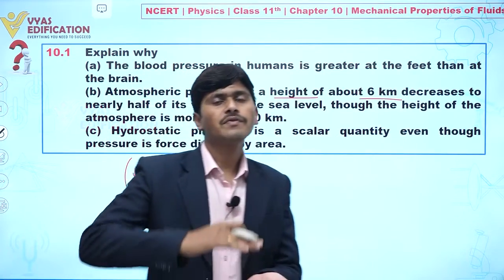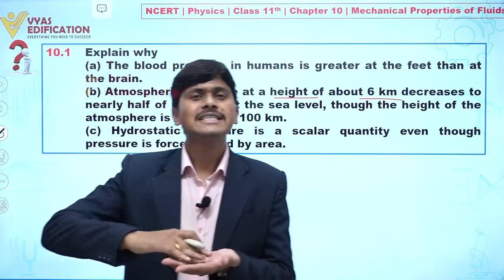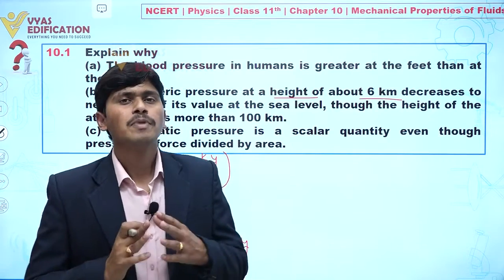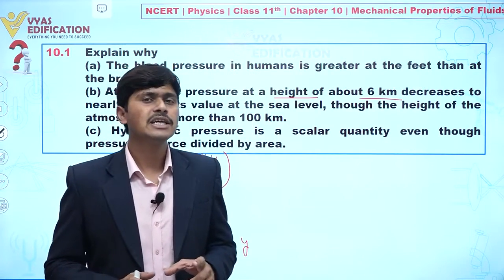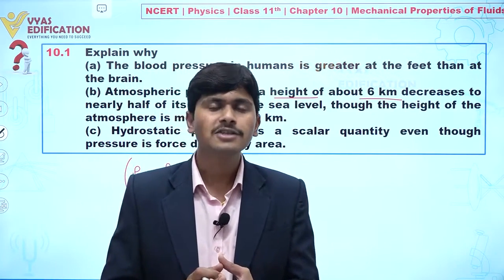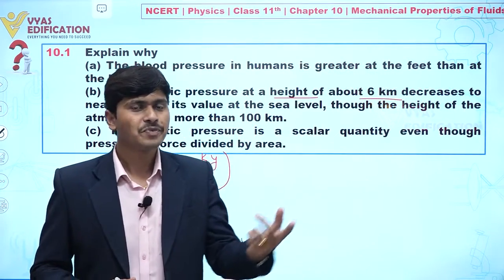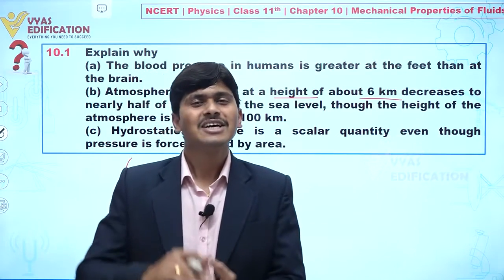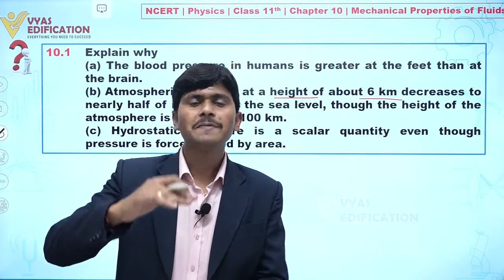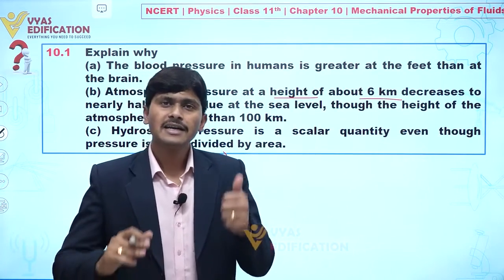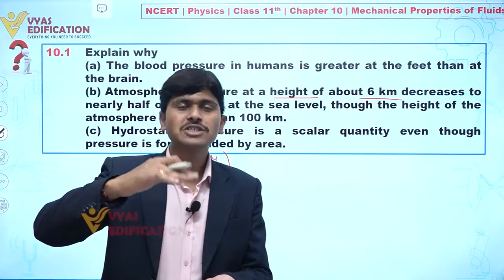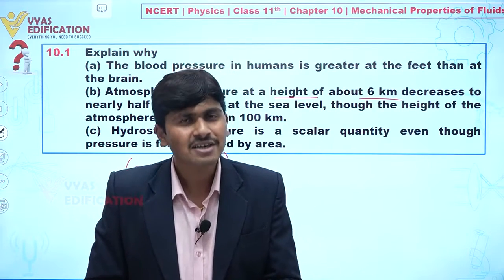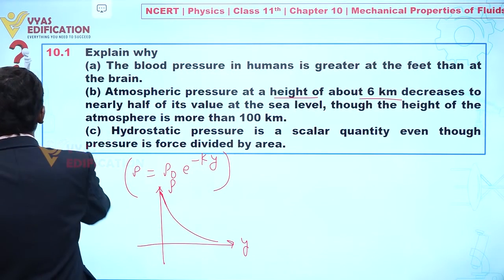As we move away from the surface of the earth, the density decreases, but the decrement of density is more in the initial height compared to the later one. So from 0 to 6 km the density decreases to half, and the rest half decreases from 6 km to 100 km. So this is all about part number B.